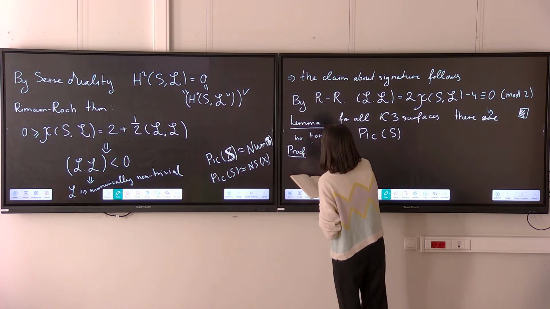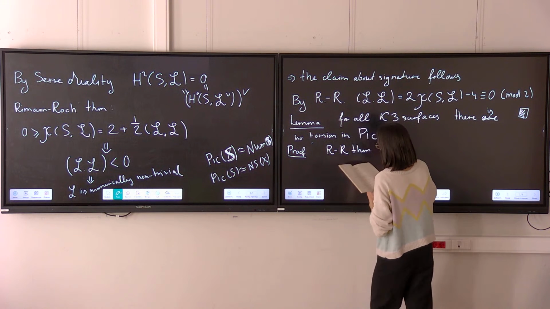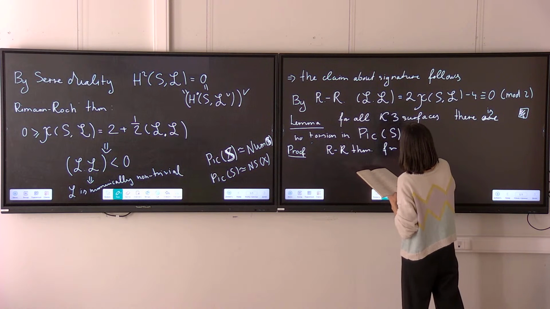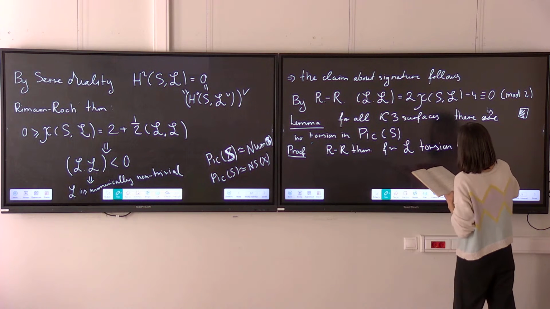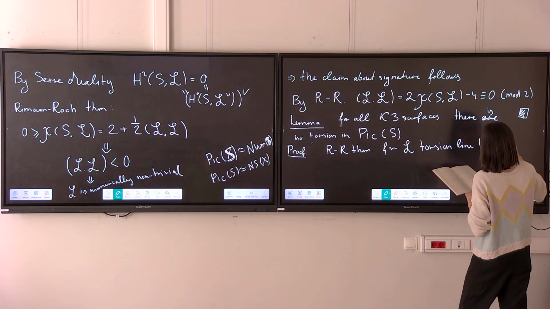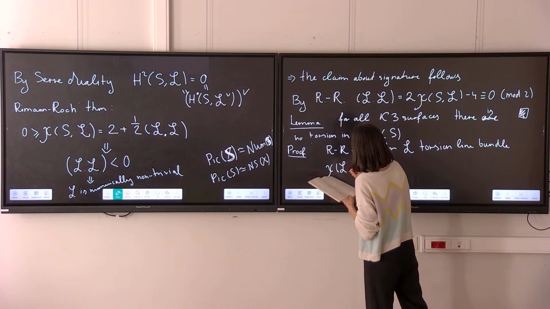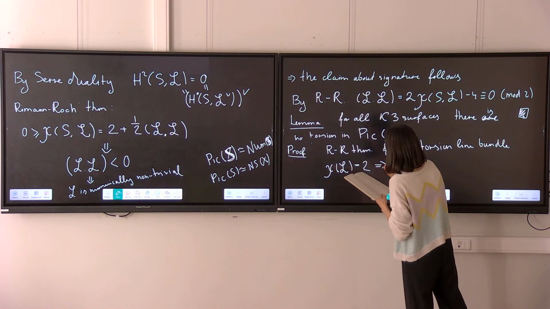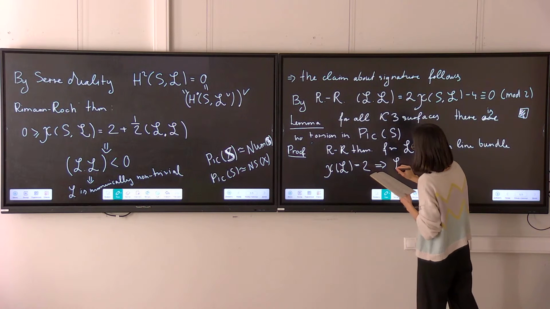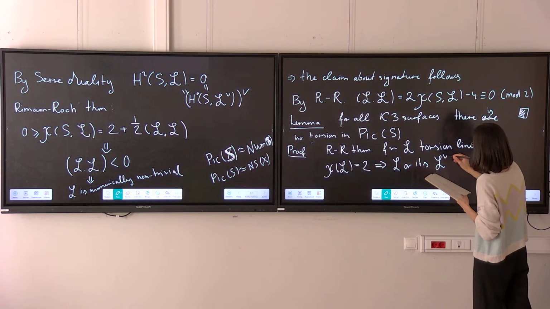Proof. From the Riemann-Roch theorem, for L a torsion line bundle, its Euler characteristic is equal to 2, which means that L or its dual, by Serre duality, is effective.